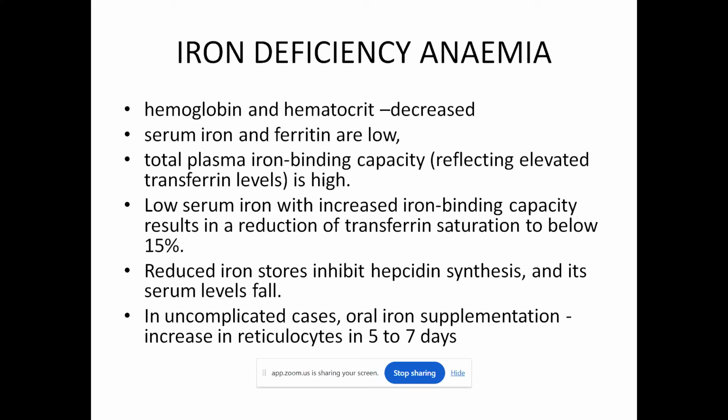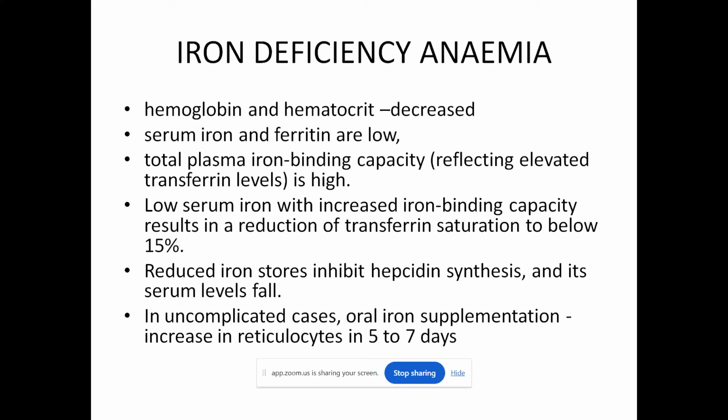Coming to anemia, we have two major types of classification. It can be a morphological classification or an etiological classification. For the morphological classification, we have to see what the morphology is. According to the MCV, if MCV is less than 80 femtoliters, we can say it is a microcytic hypochromic anemia.